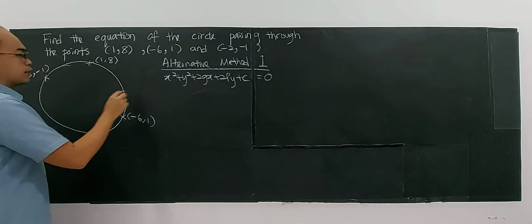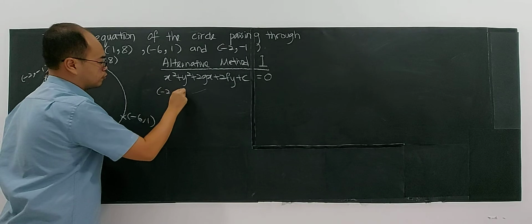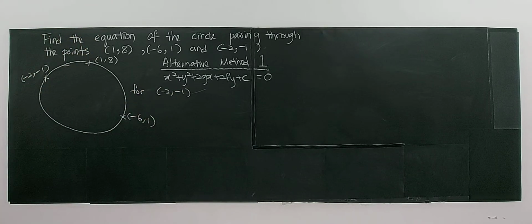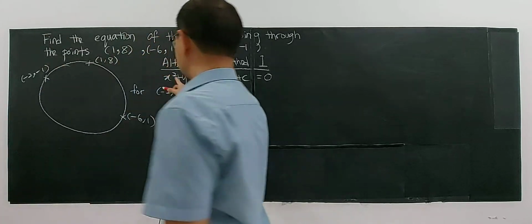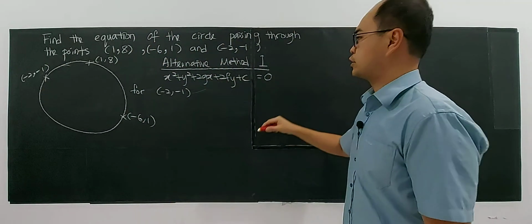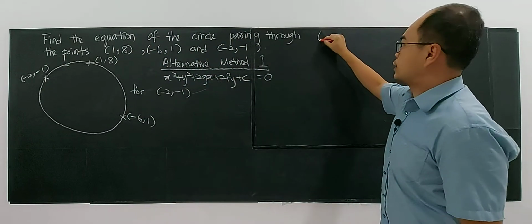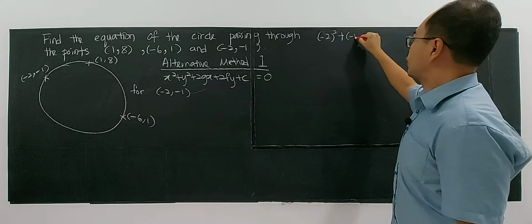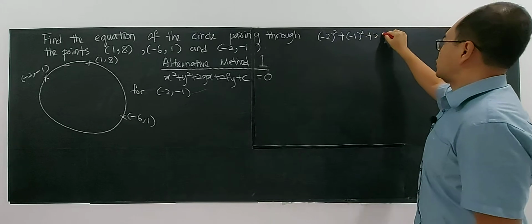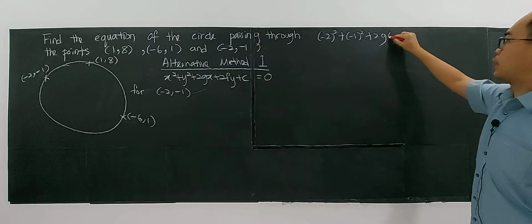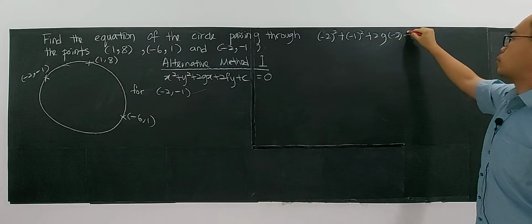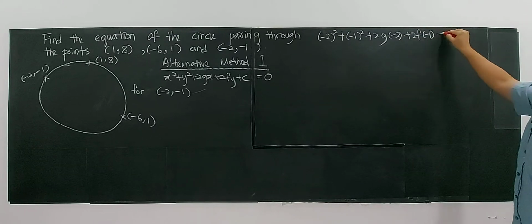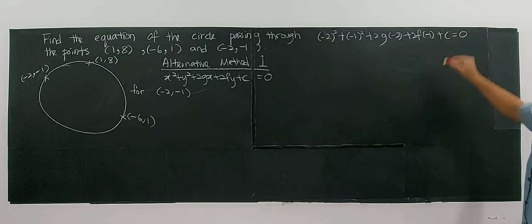So for now, I can temporarily substitute the point -2, -1 into the general equation here. So we get -2 to the power of 2 plus -1 to the power of 2 plus 2g(-2) plus 2f(-1) plus c equals 0.